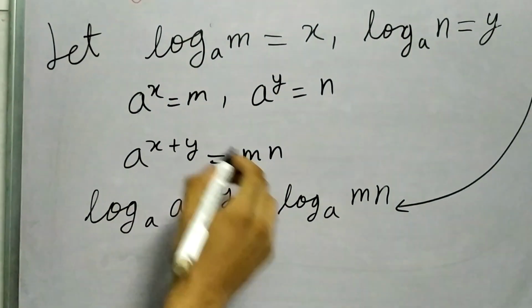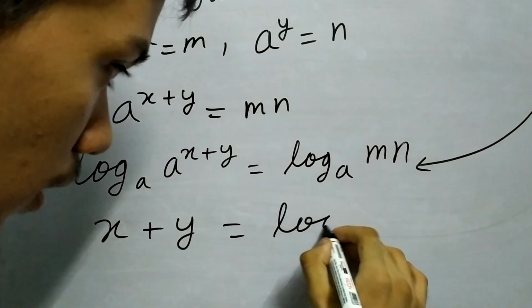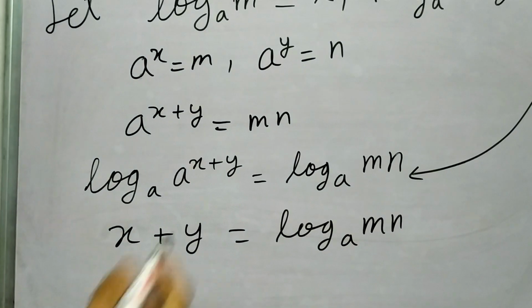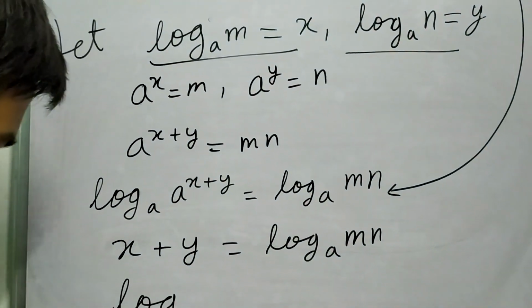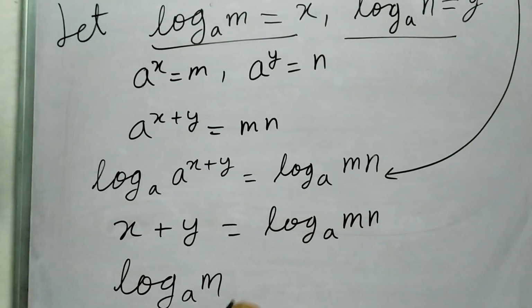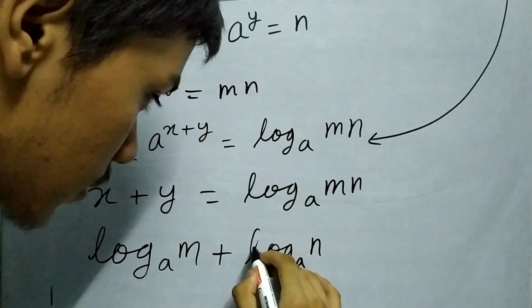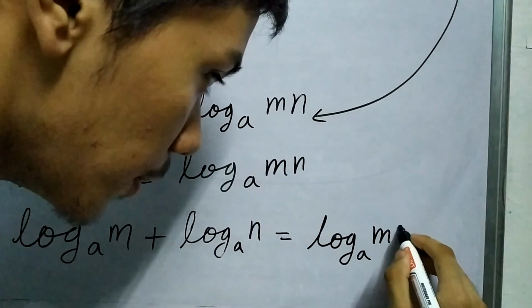Now what is this quantity? Again, it will be just x plus y equal to log a mn. Now you see where this is going. This is x, this is y. Let's put these values. So we get log a m plus log base a of n equal to log a mn.